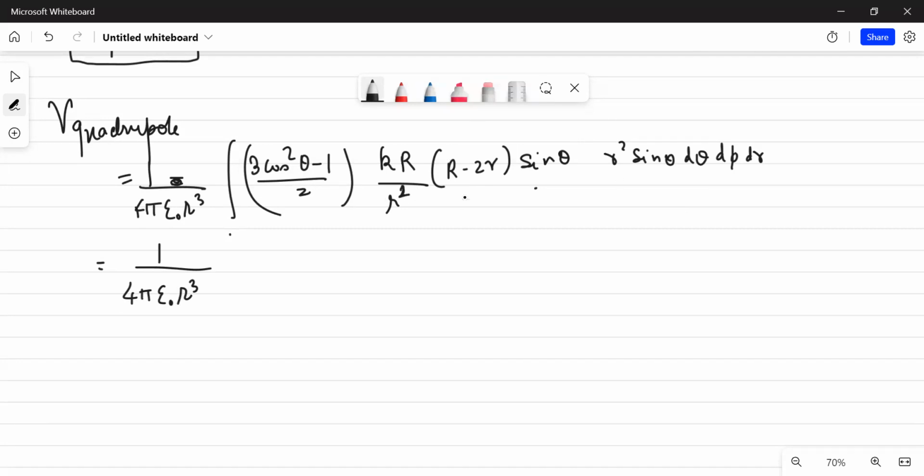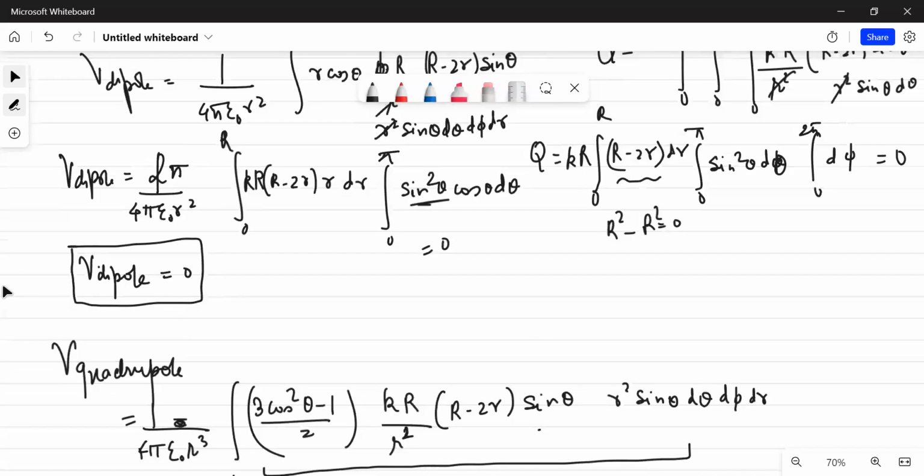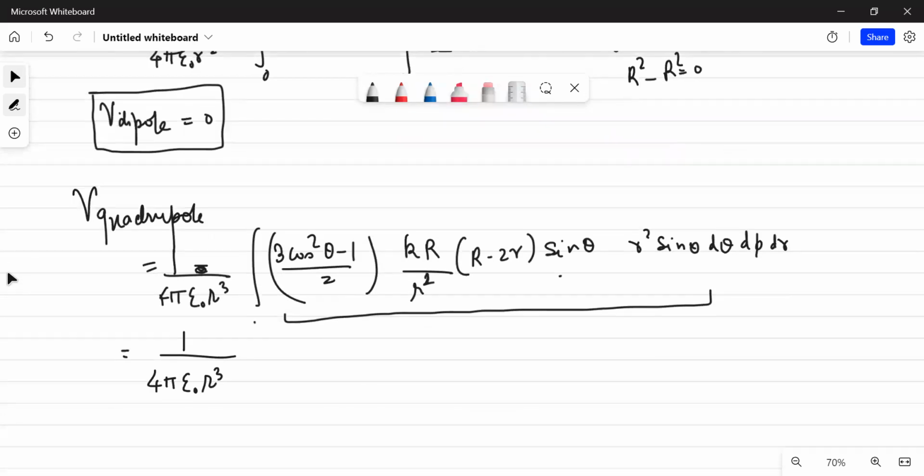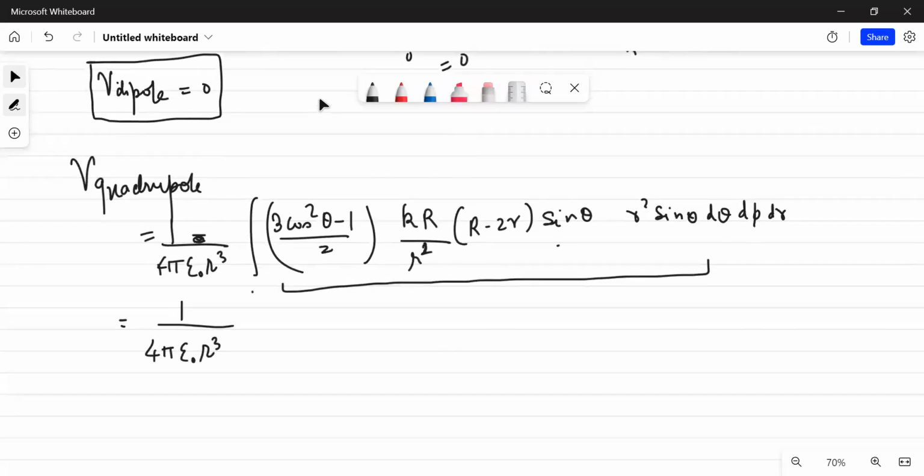Obviously, this entire thing would be r dash. The thing inside will be r dash only, but I was telling you so that you don't get confused. Sir, this 3 minus 1 comes with the R dash square term, right? Say again, sorry, what do you want to say? One R dash. Okay, that is r square, that's what you want to say, right? One r square. Yes, sir. So please find this out because this is a very big problem for now. So this is something that I'm leaving to you. Find it out at leisure and then revert to me, and we'll start with this problem only tomorrow. Is that clear?